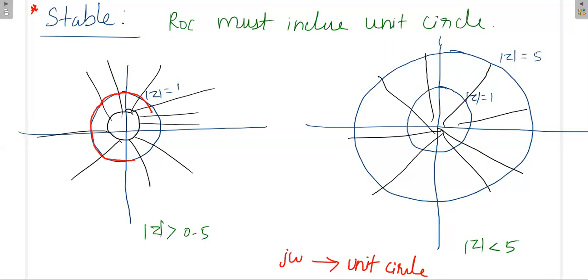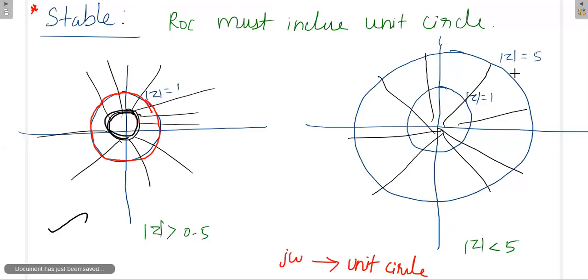Suppose mod z greater than 0.5 is defined, definitely 0.5 is the smaller circle. But the ROC is outside the 0.5 circle, that means going outside. So in this process we are including the j omega axis, we are including the unit circle. So mod z greater than 0.5 definitely includes the unit circle, so definitely this is a stable system.